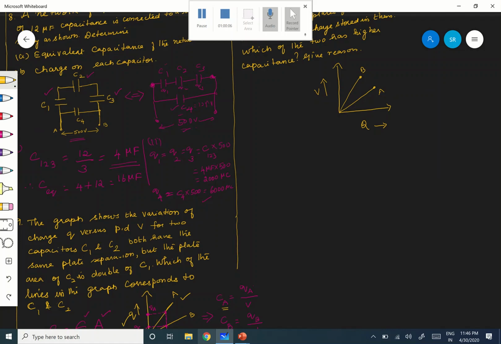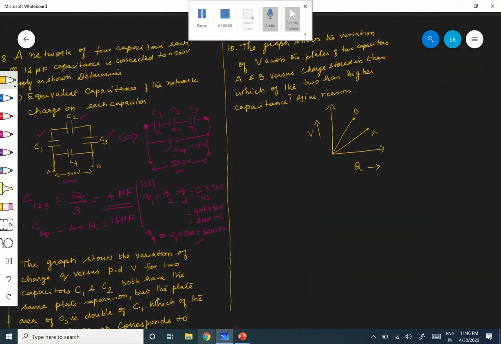Therefore, which is having more capacitance? The same thing you do like this. Take one Q value across Q, draw a line. Q is same, but here this is VB and this is VA.